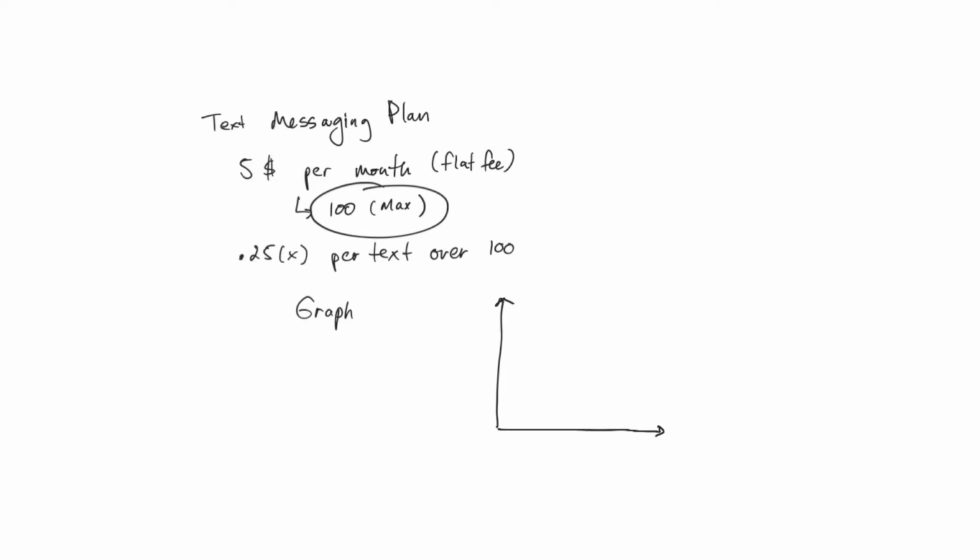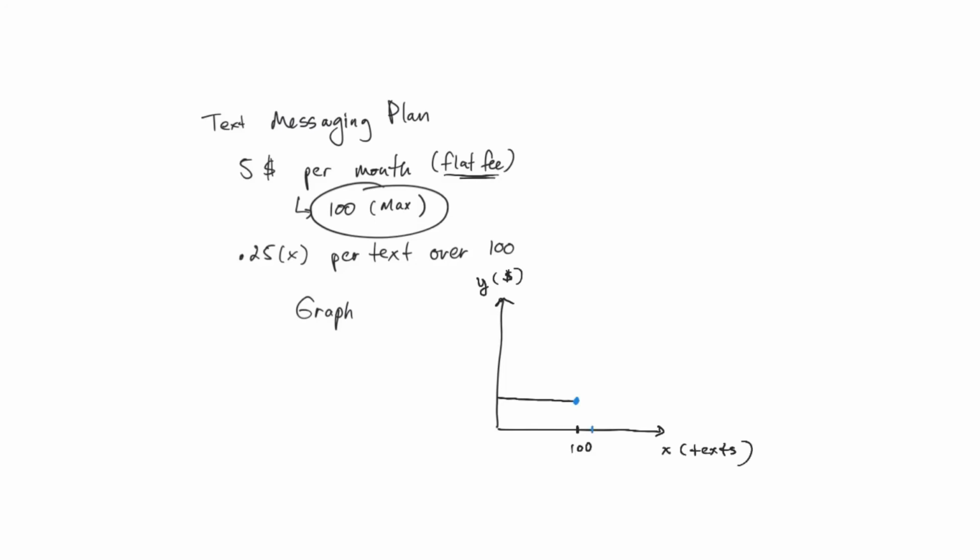Now, X is going to be our number of texts. Y is going to be our dollar amount. Now, you know that it even says there's a flat fee of $5 per month. So let's just draw a flat line up to where I get 100 text messages. And at that point here, as soon as I go above that, I'm going to get an increase of, let's say, for every 4 text messages.